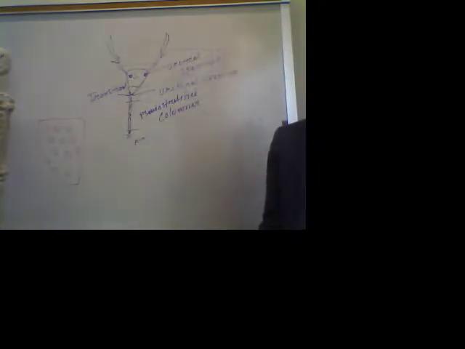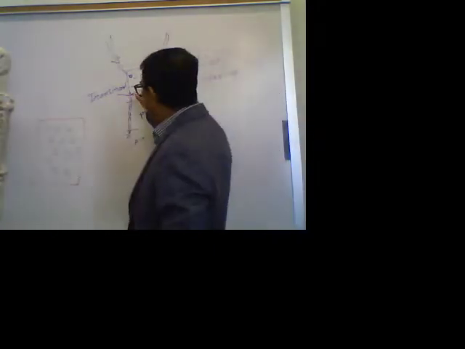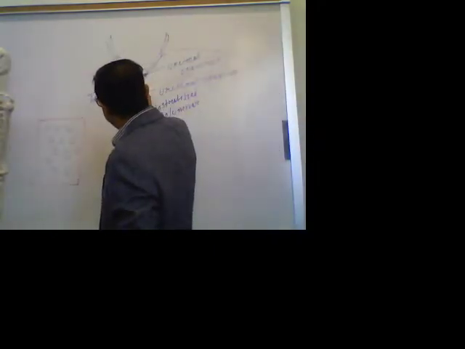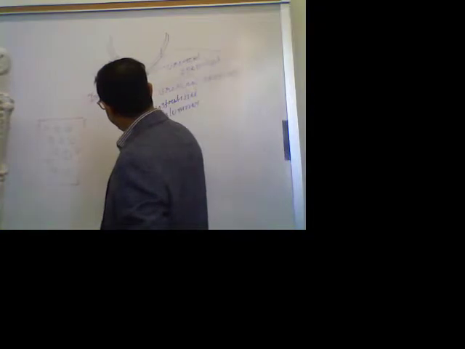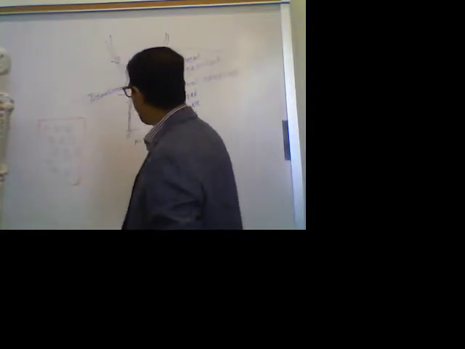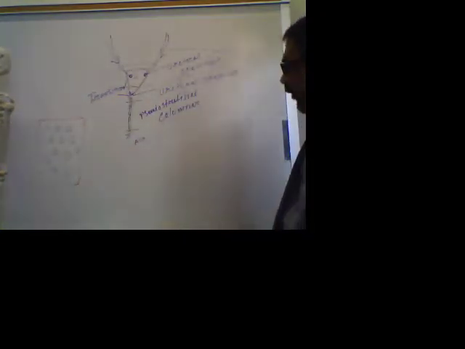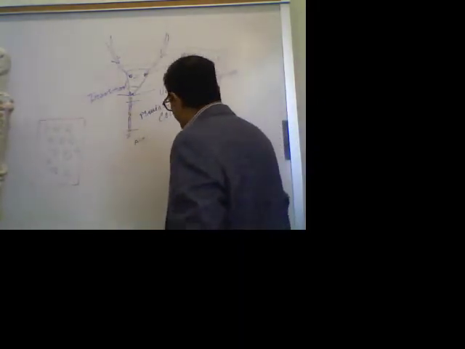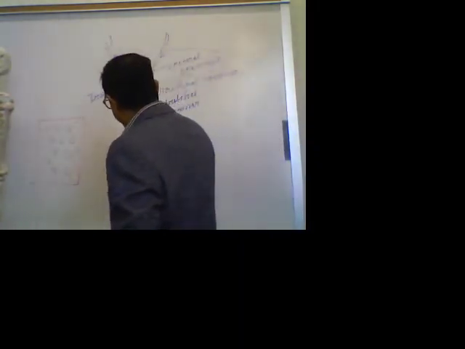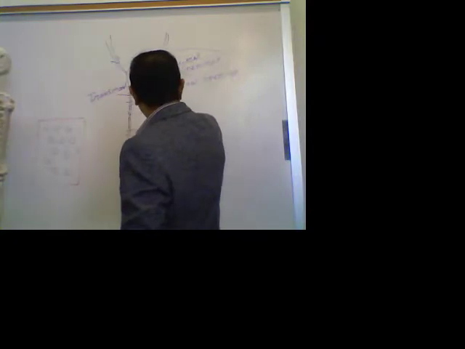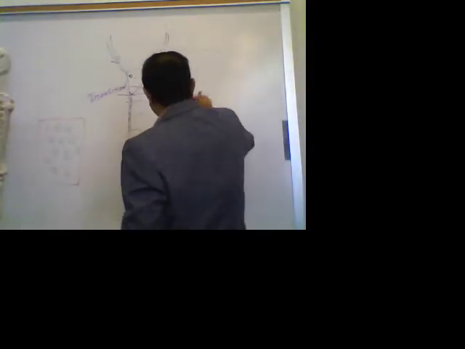Sphincters. In the urethra, there are two sphincters. One is here, internal urethral sphincter, another is here, that's the external urethral sphincter. Now, like the anal canal, you remember internal and external anal sphincters?